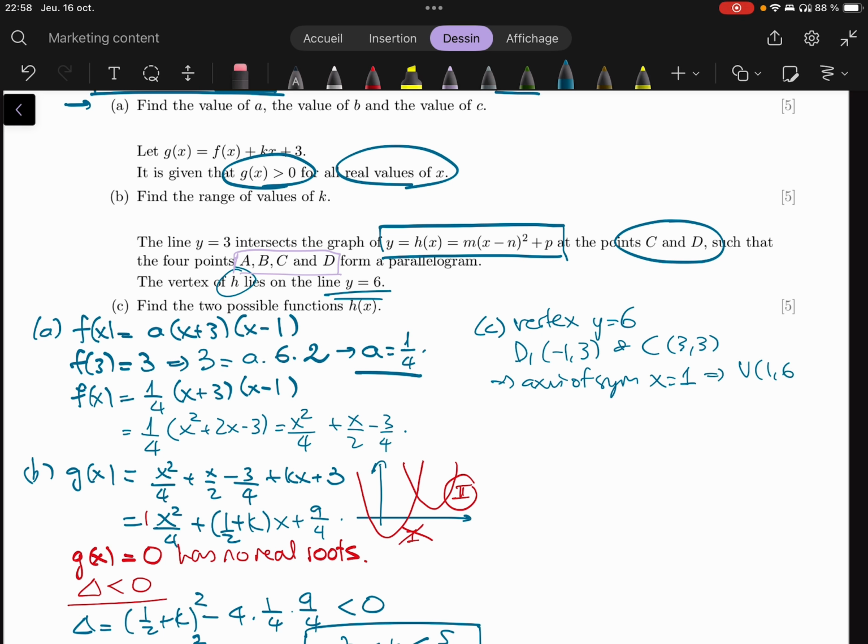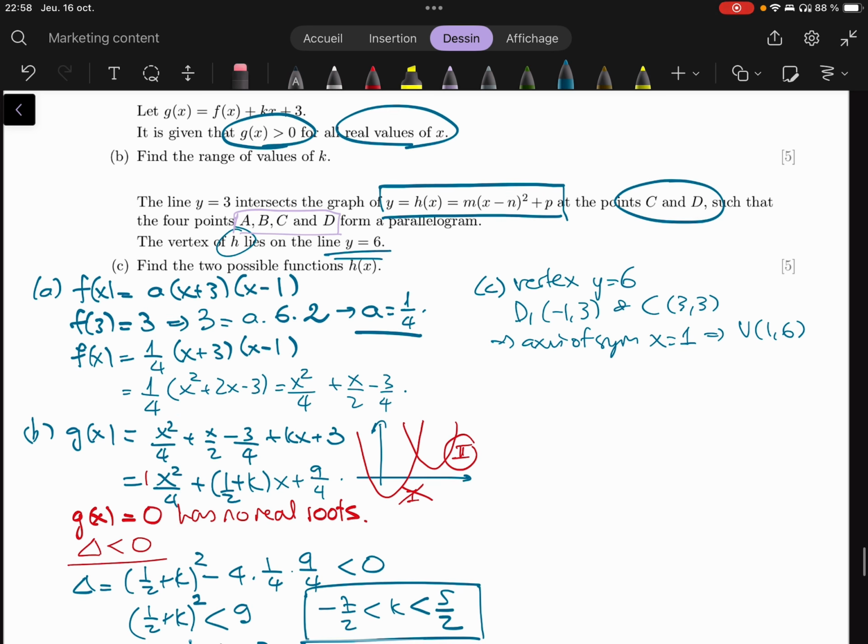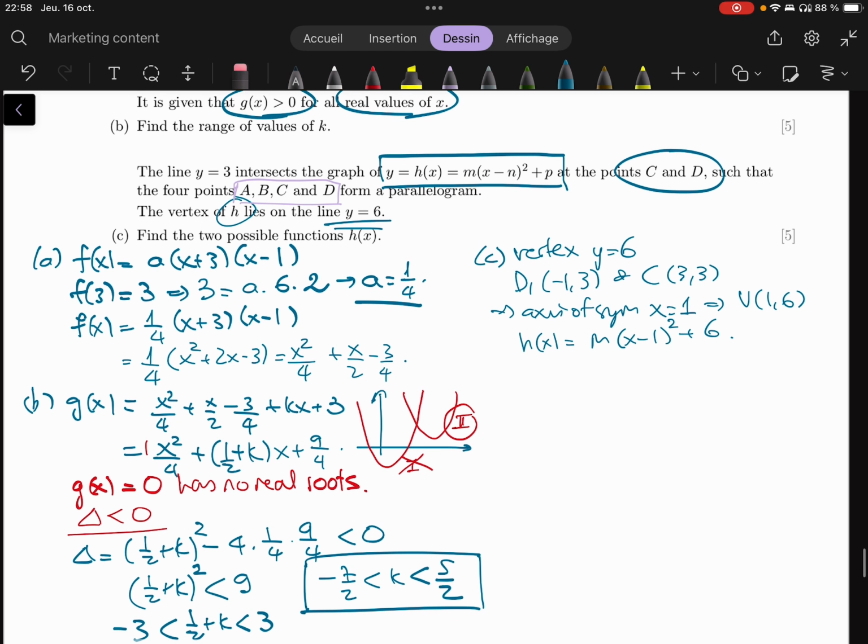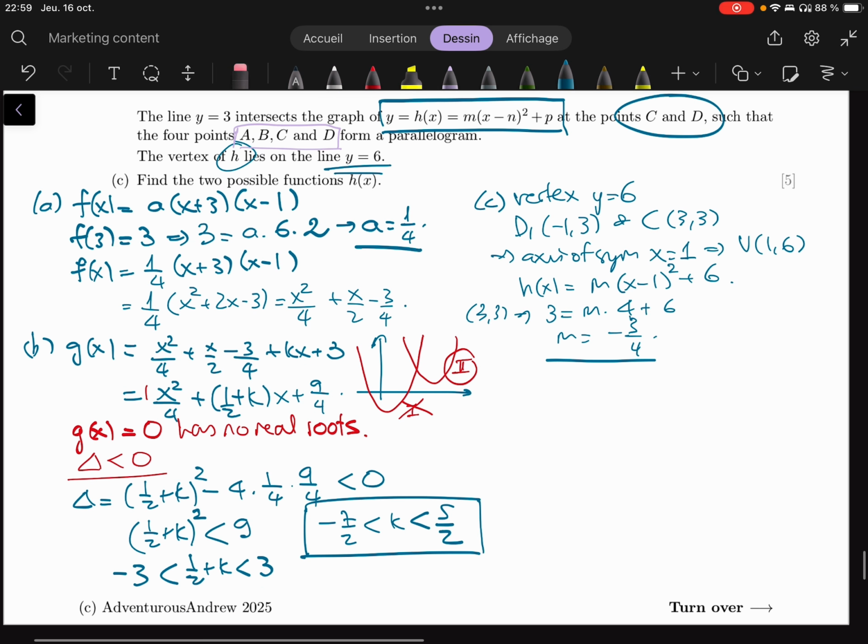Therefore, we can deduce the coordinates of the vertex, and thus we are mostly done with our parabola. Point (3, 3) lies on the curve, therefore just a bit more algebra. And you're done.